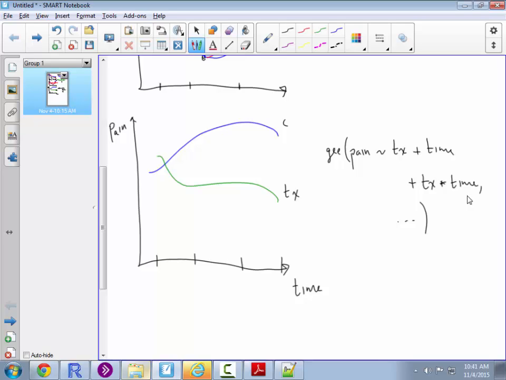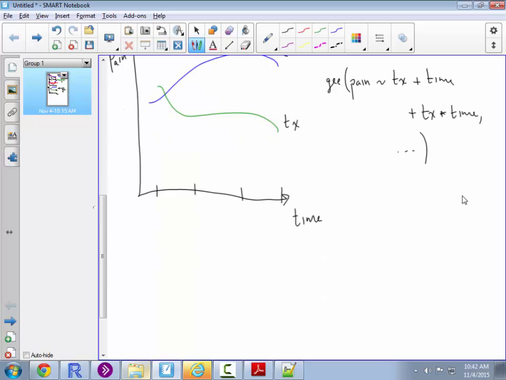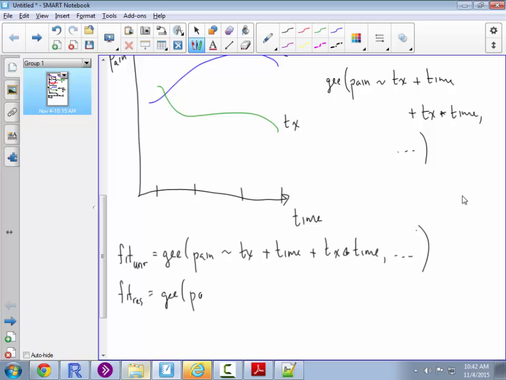The way we've answered questions like that so far is to do an F-test or a likelihood ratio test, because it's essentially asking, let's consider two models. Let's consider the unrestricted, which is the one we just wrote up there, pain, tilde, treatment, plus time, plus treatment, times time, options, and fit the restricted model, which is the model without treatment.